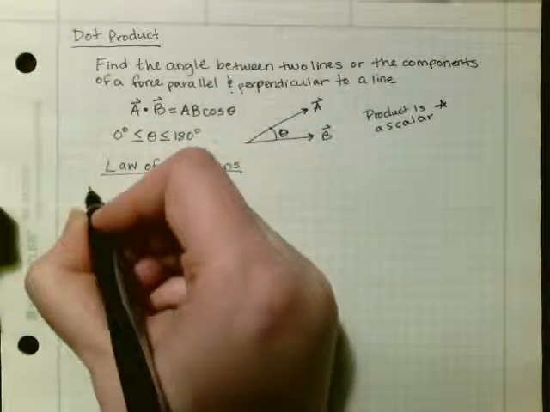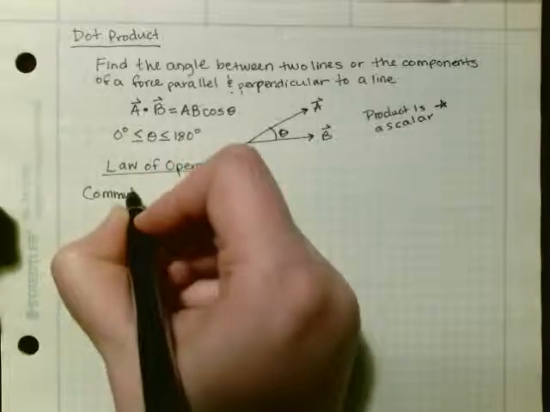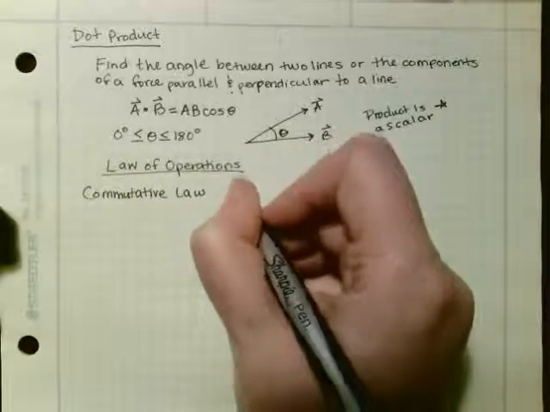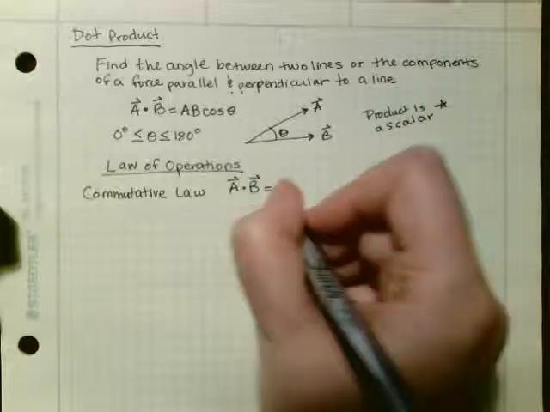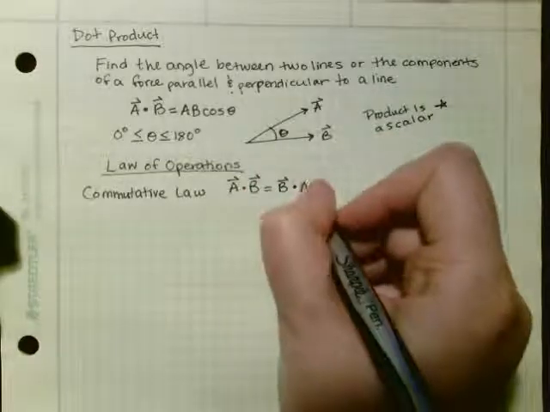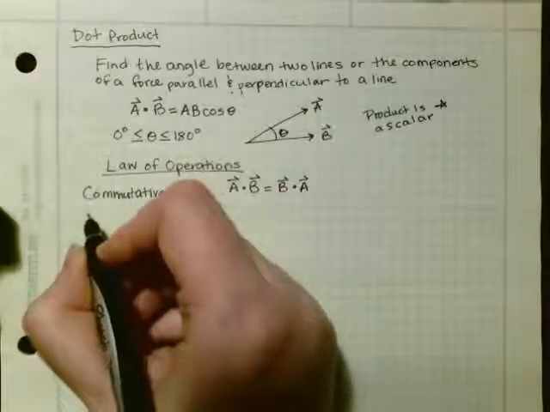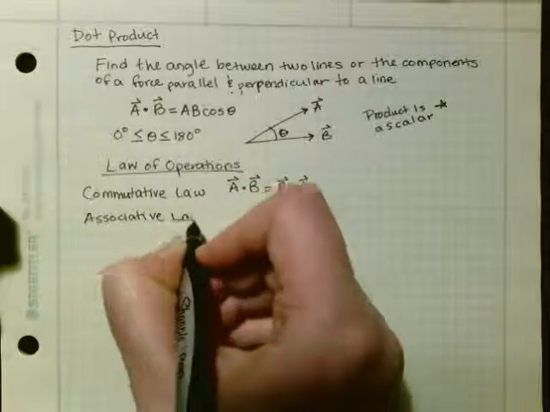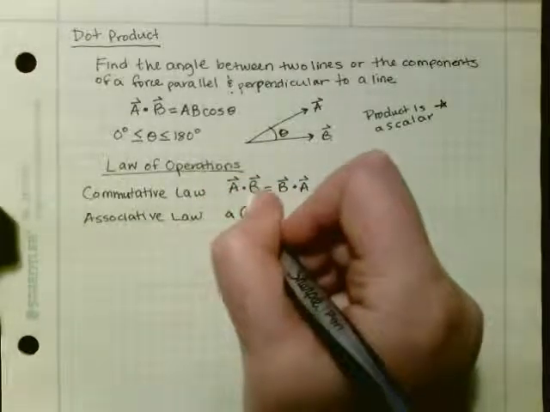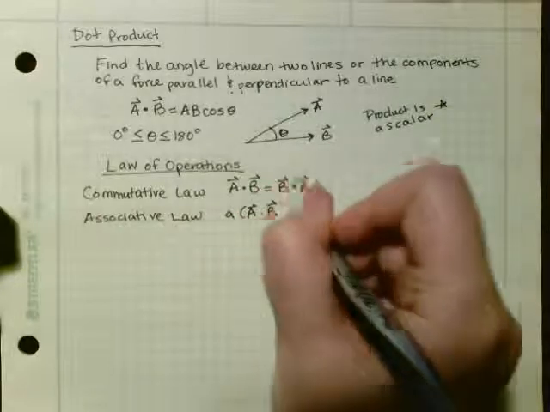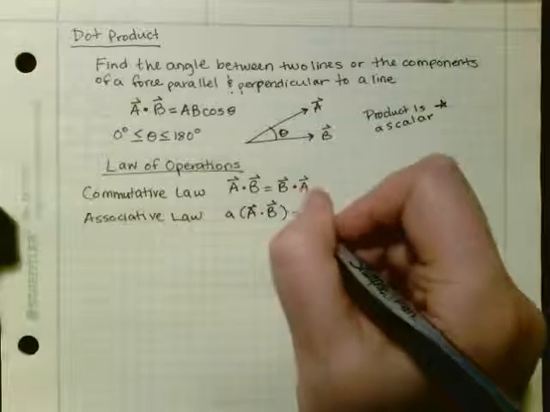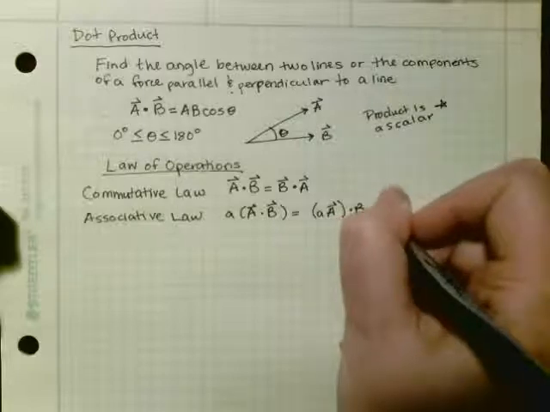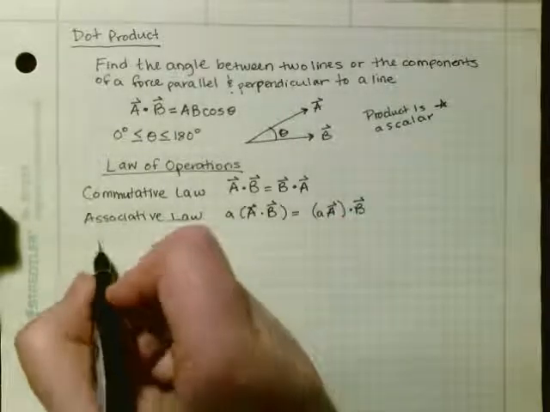Okay, so let's talk about the laws of operations with dot products. You've got your commutative law, so A dot B is the same as B dot A. And your associative law: if a scalar is multiplied by your dot product of A dot B, that's the same as the scalar multiplied by just A dotted with B. And then there's your distributive law.